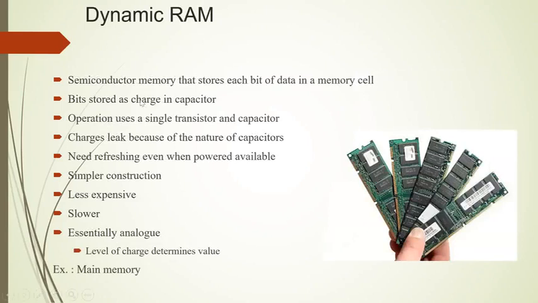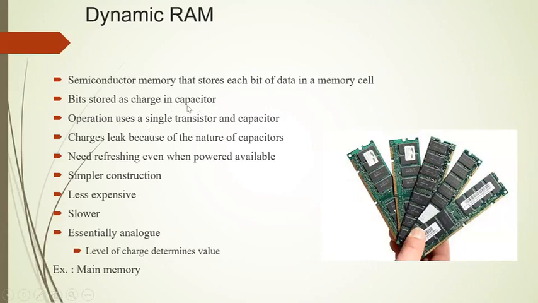So then we are talking about the dynamic RAM. It is a semiconductor memory that stores each bit of data in a memory cell. The bit is stored as charge in the capacitor.